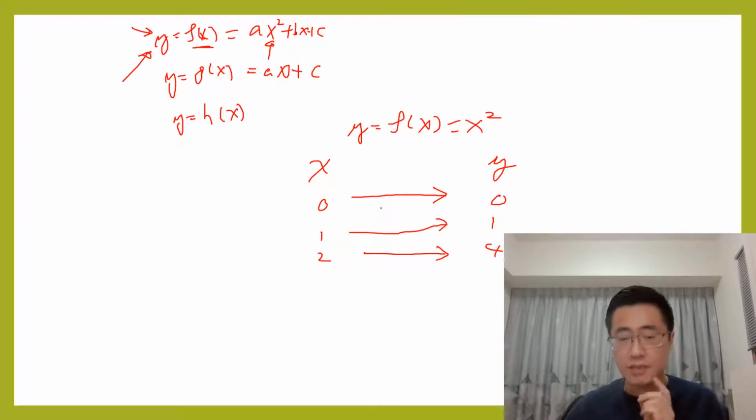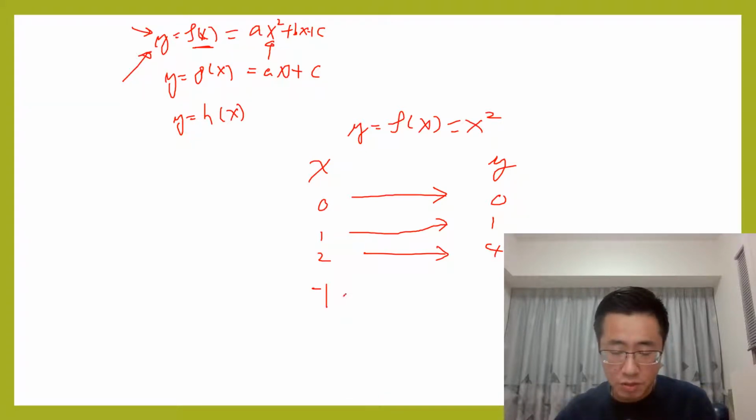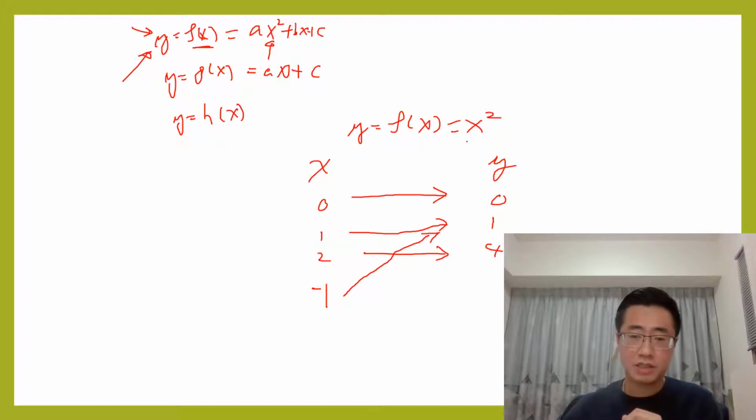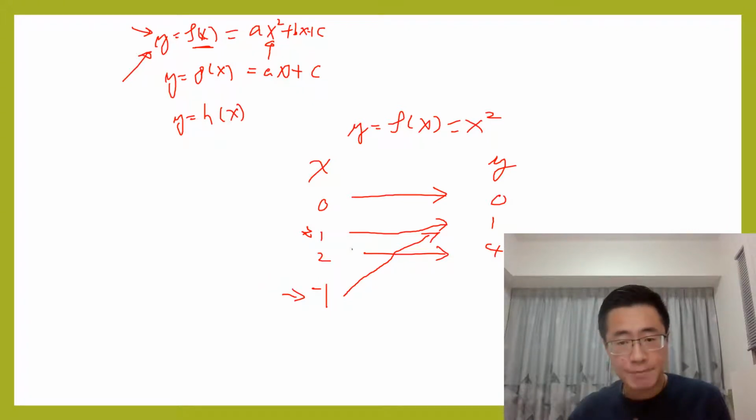At the same time, if you take x to be equal to -1, the mapping will be like this from -1 to the value of y, because -1 under this function is equal to 1, the output. So obviously, as we mentioned previously, multiple values for x, 1 and -1, can be mapped to the same value for y on the right-hand side.